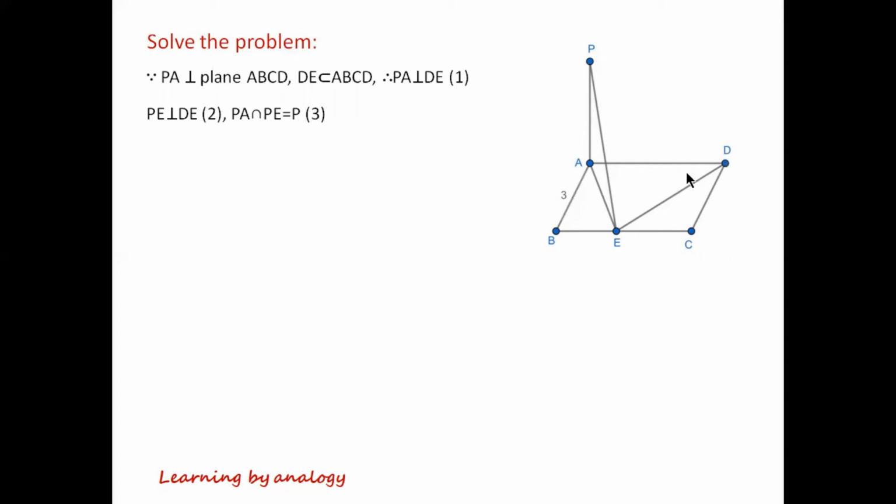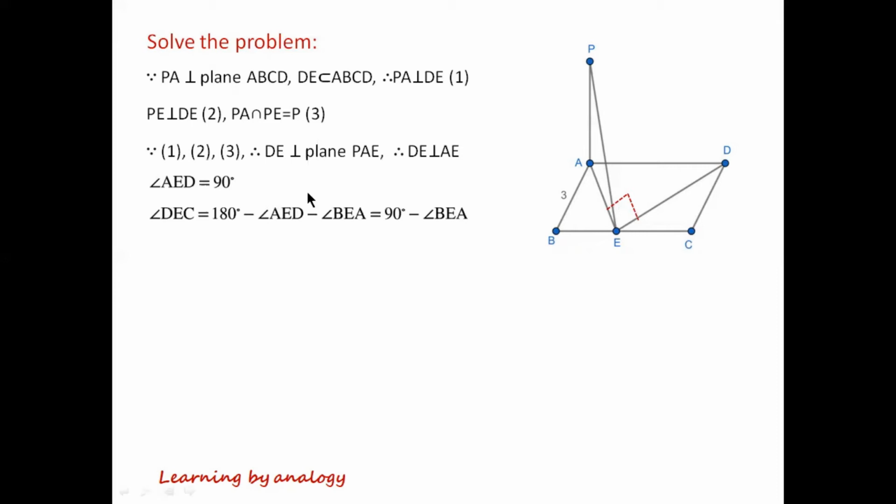PA intersection PE equals P. Because of 1, 2, 3, DE is perpendicular to plane PAE. So DE is perpendicular to AE. Angle AED equals 90 degrees.